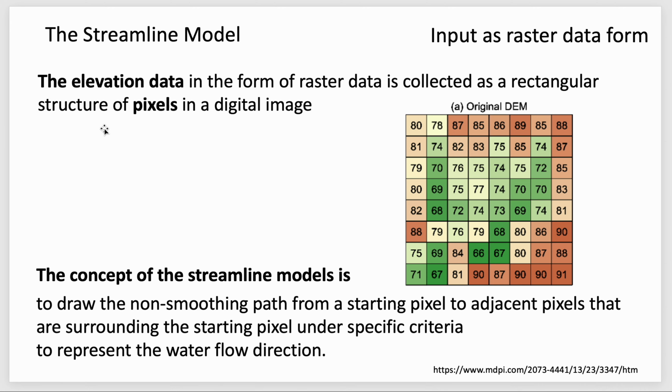As you see, the equation data in raster form is a rectangular structure of pixels in digital images. The concept of the streamline is drawn to a non-smooth part from the starting pixel to an adjacent pixel that surrounds the starting pixel under specific criteria to represent the water flow.